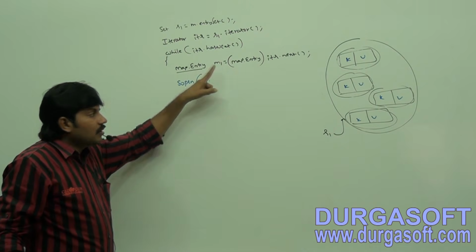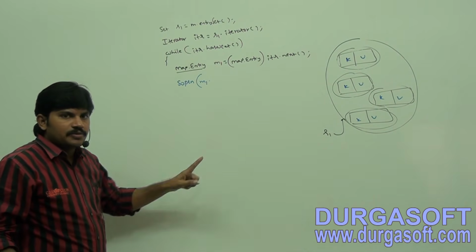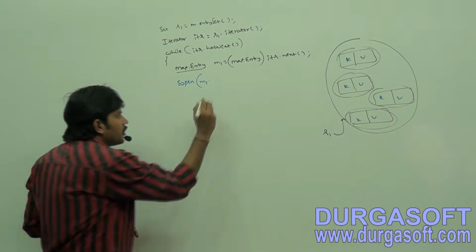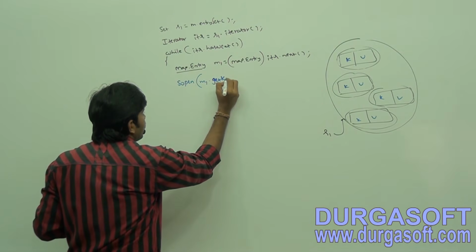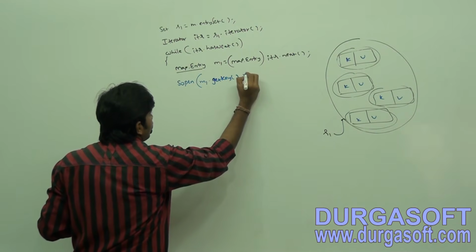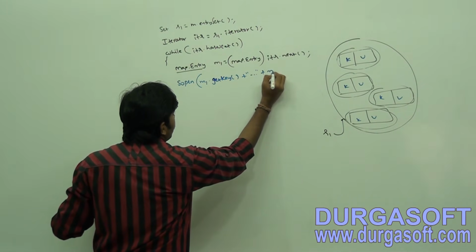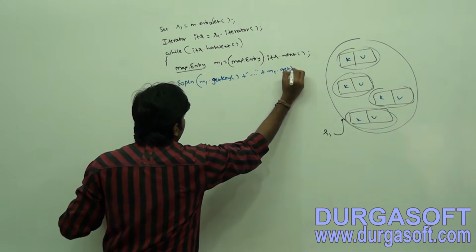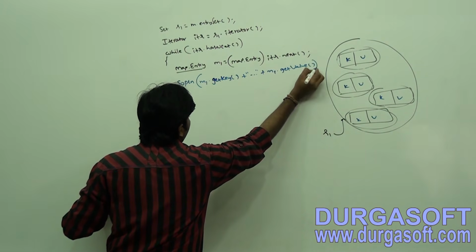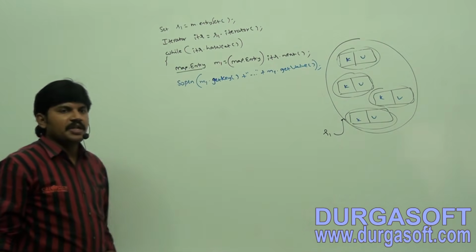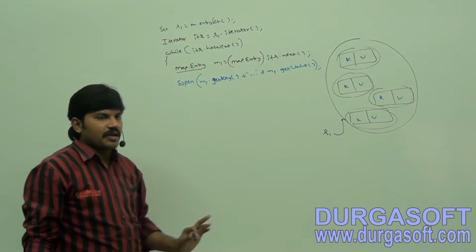Entry object. On the entry object, which thing can we call? getKey. Sir, getKey. m1.getValue(). What about the key, and what is the value? By default we are getting getKey, getValue, right?